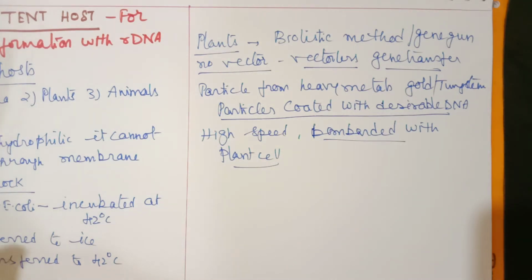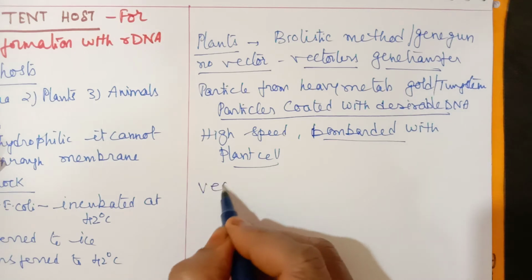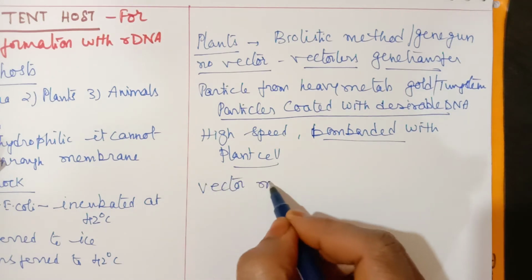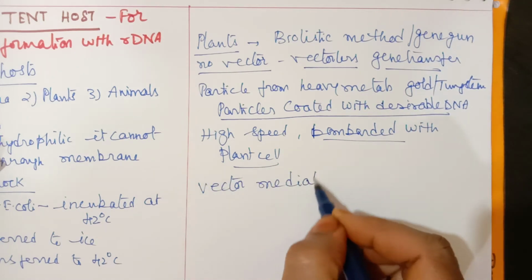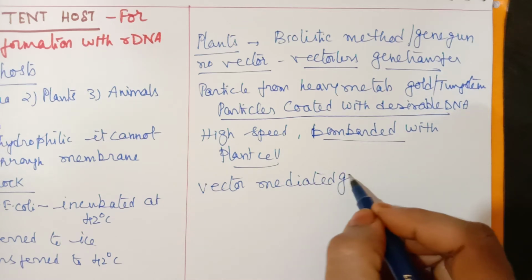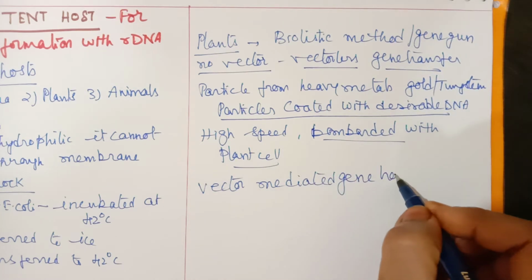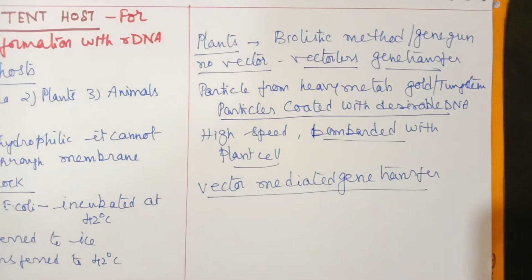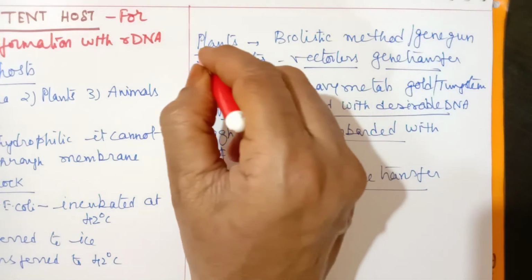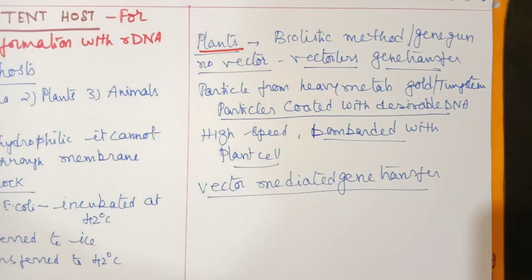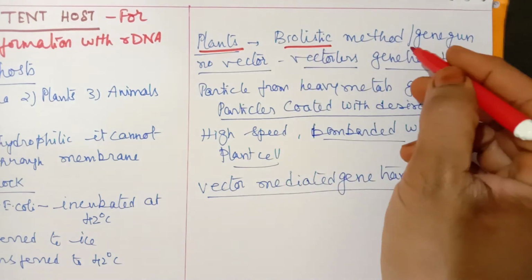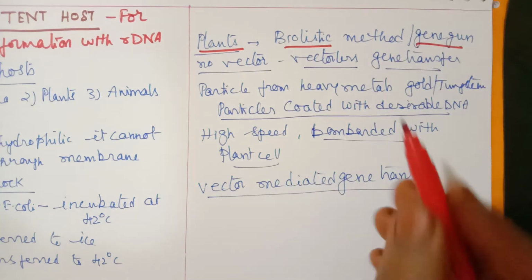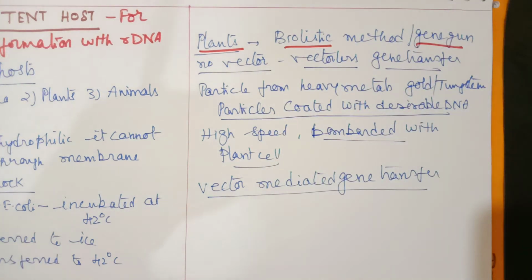Now, in plants, there is a vector mediated gene transfer also. So what happens in this vector mediated gene transfer? We are discussing plants, students. The first method is the biolistic or gene gun method, which is a vectorless gene transfer.